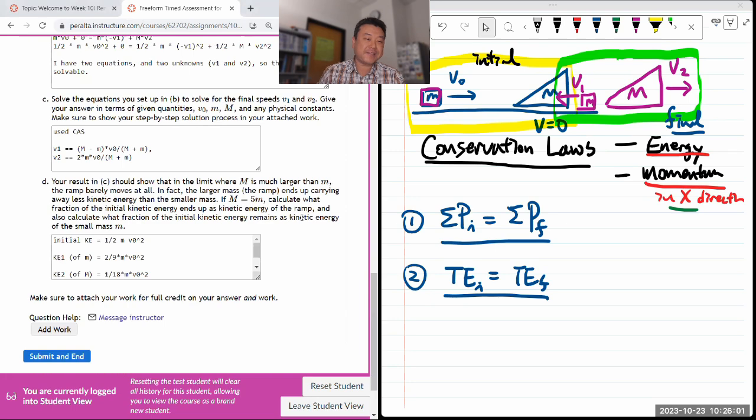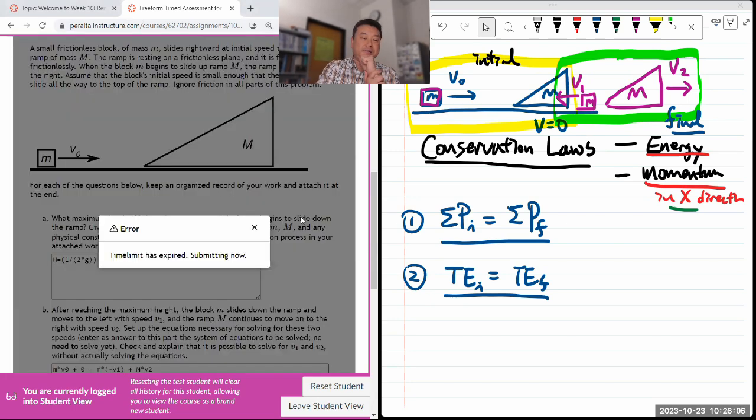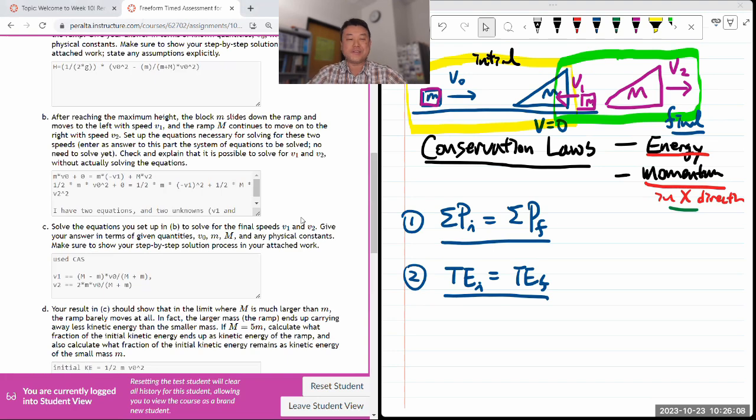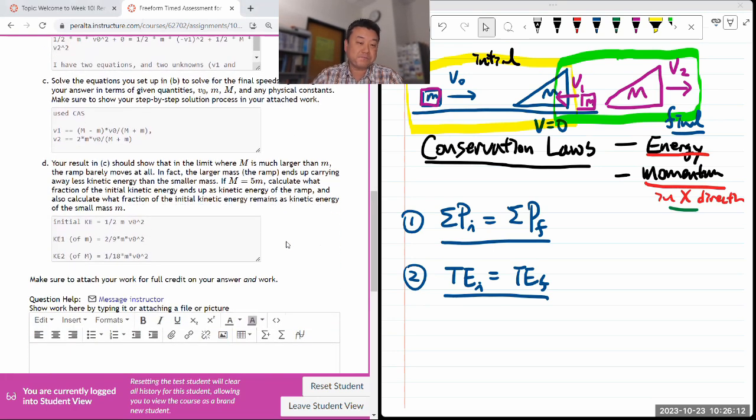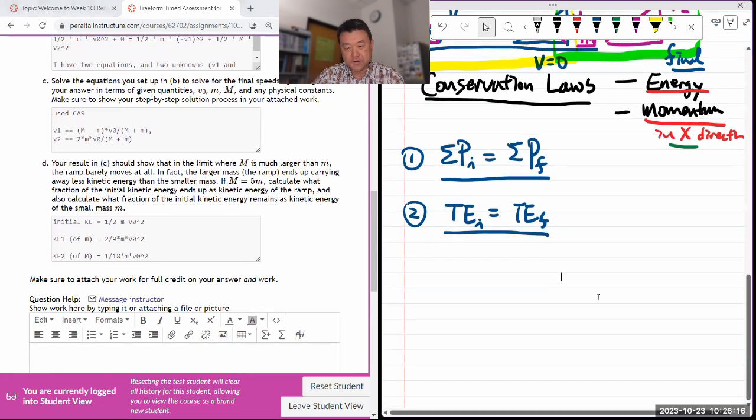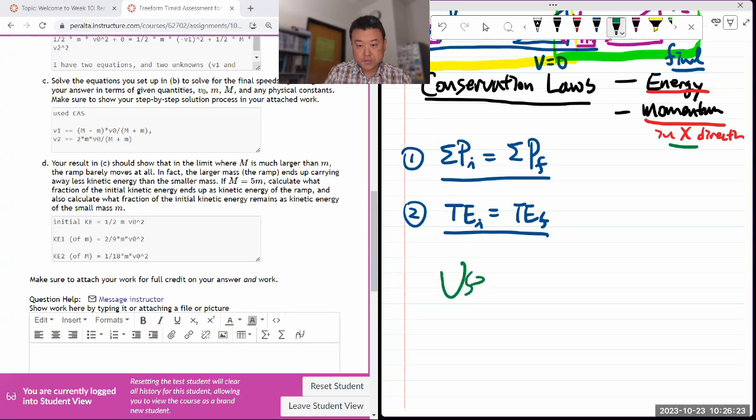So this is a kind of long question, which is why previously I've only been able to do it partially. In terms of my work, I'll say I used a computer algebra system.